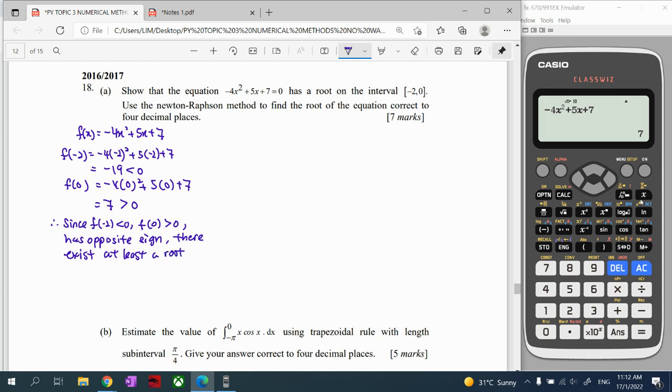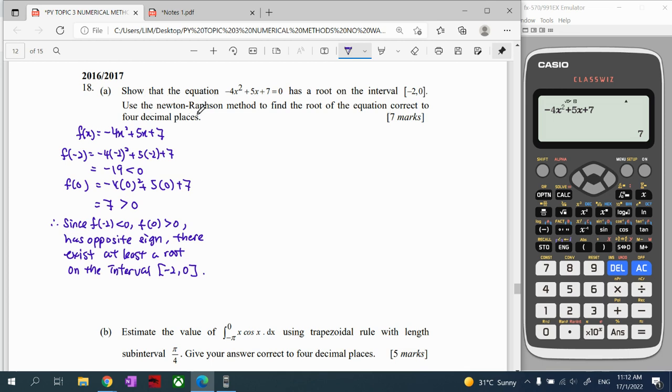You can follow the question here. So the conclusion, you must write it up: on the interval -2, 0. Okay, then we finish. We already showed it.